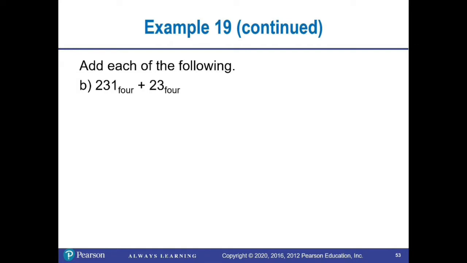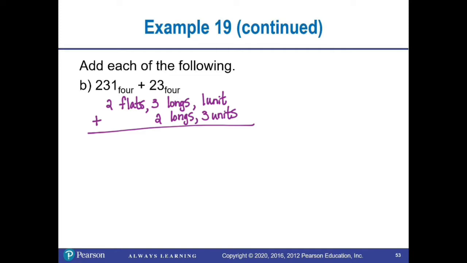So here we have 231 base 4 and 23 base 4. So 231 base 4 would be 2 flats, 3 longs, and 1 unit. 23 base 4 is 2 longs and 3 units.